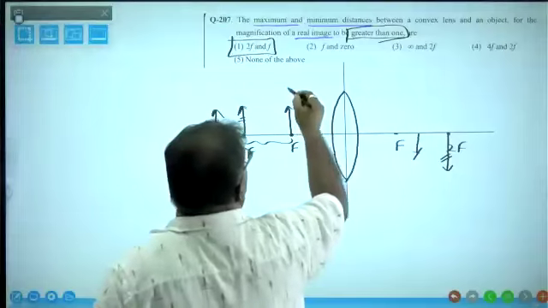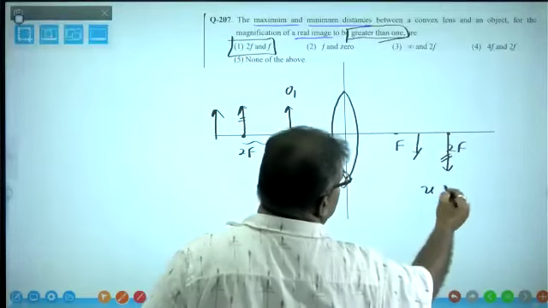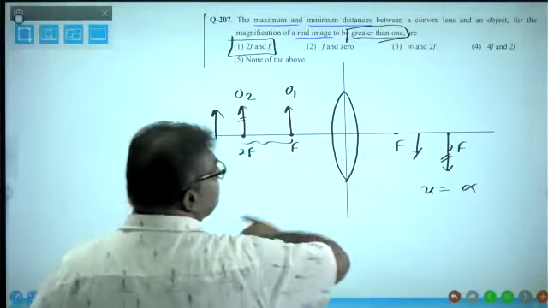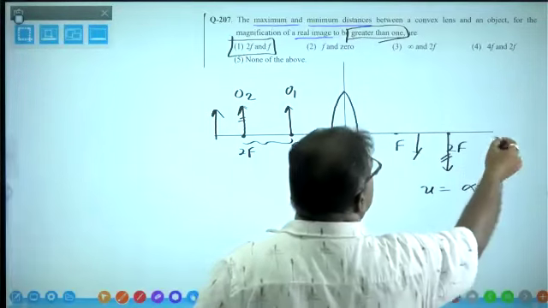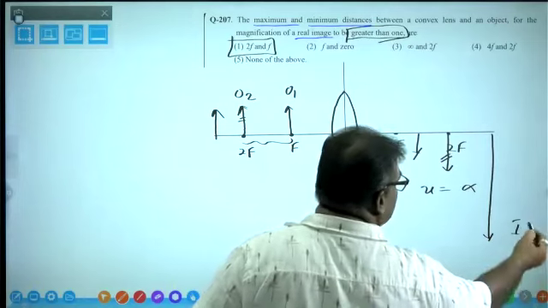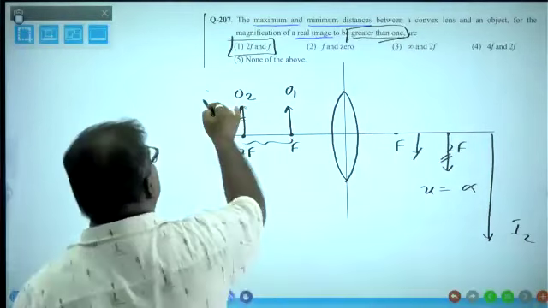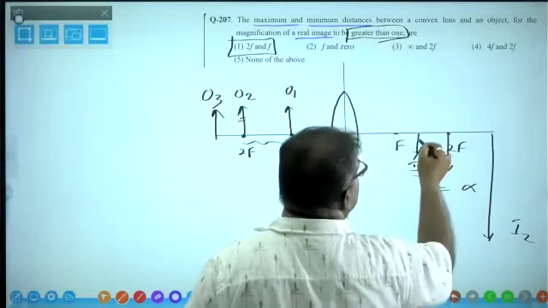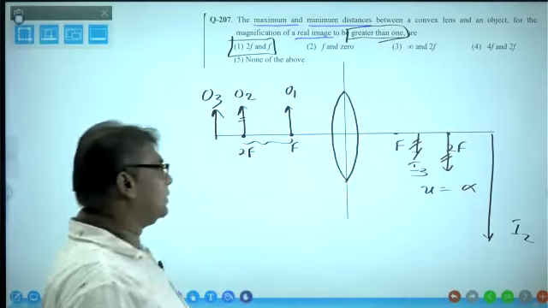If this is O1, an infinitely long distance image is available. If this is O2, this one is a magnified image, let it be I2. If this is O3, this one is I3. This is the diminished one, right? Okay.